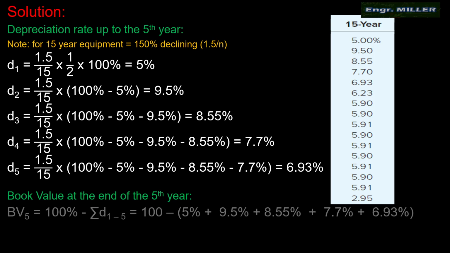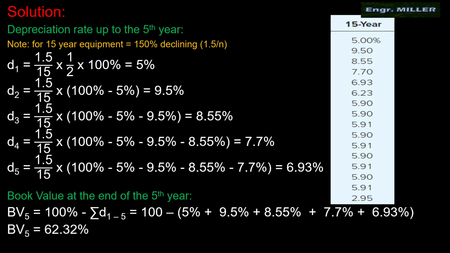So, it becomes like this. Book value is 100% minus yung total accumulated depreciation from first to fifth year, which in this case is magiging 62.32% na lamang. In short, yung halaga niya pagdating ng fifth year ay 62.32% na lamang nung first cost niya.